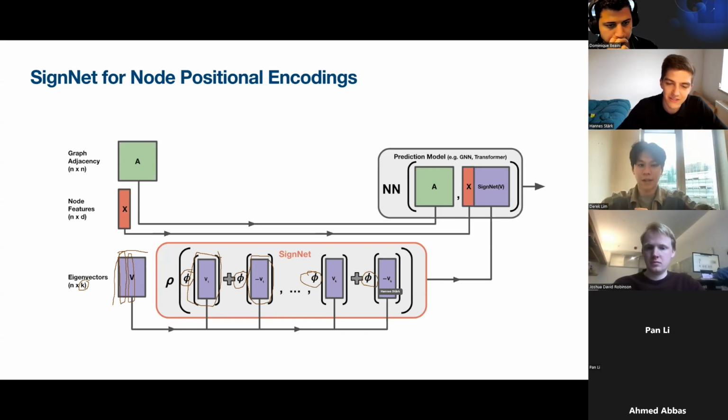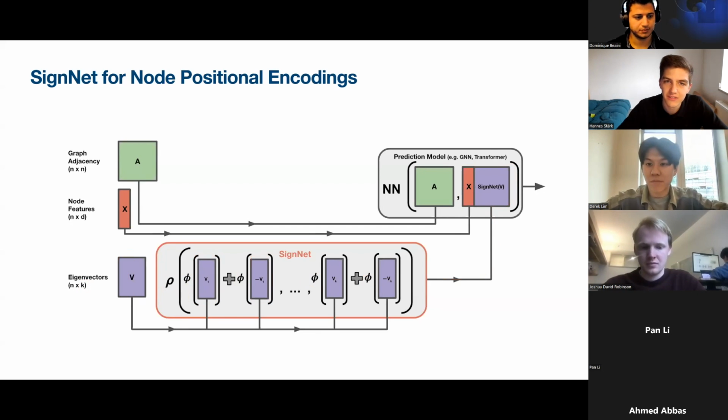Yes, we always have the same weights here. Then we take the output of this rho and concatenate it to our node features. And that's then the input to our GNN or whatever we want. Precisely, yeah. Thank you.